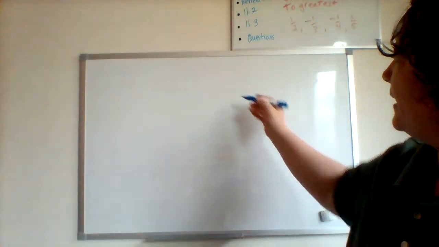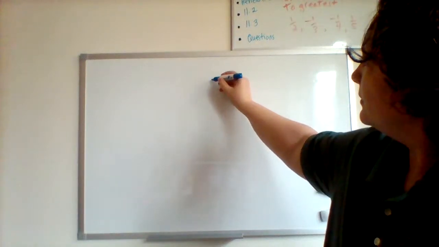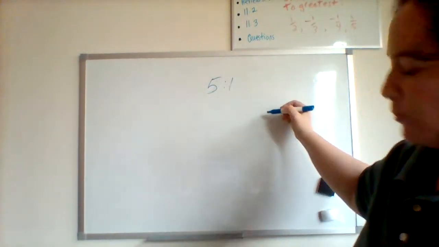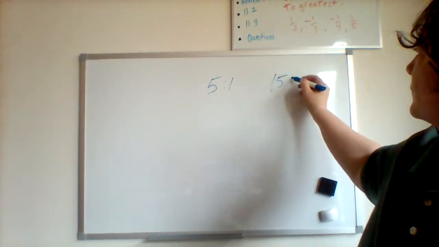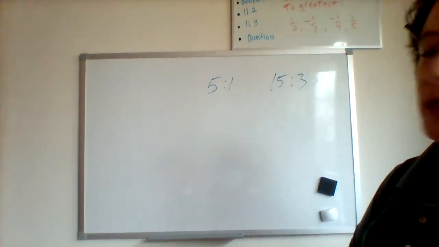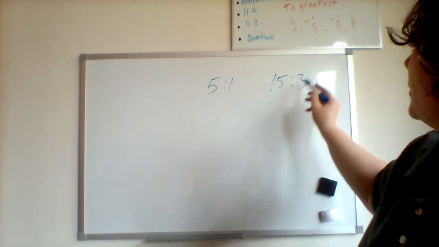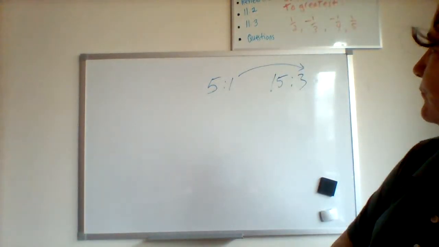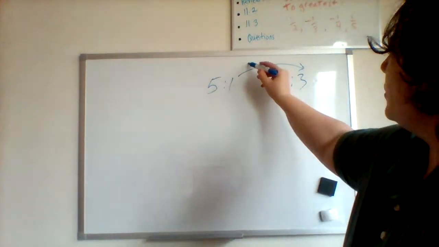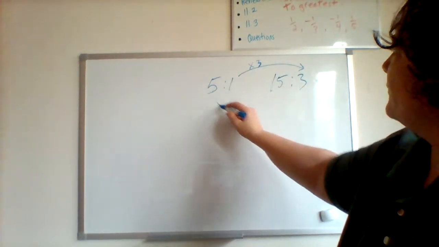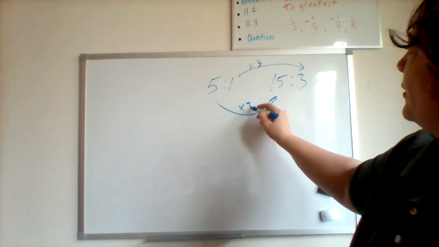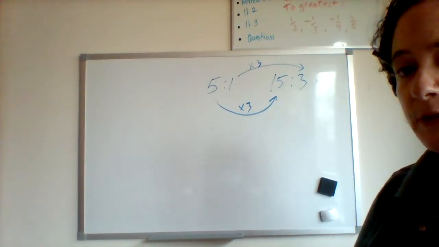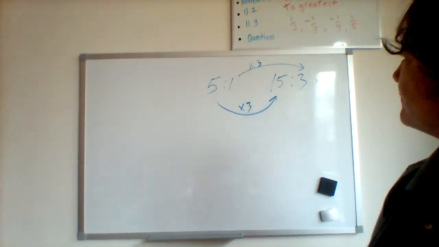If we're looking at 5 to 1 and 15 to 3, how do I get from here to here? You have to multiply by 3, right? And then 5 times 3 is 15. So they're definitely equivalent ratios, that's right.